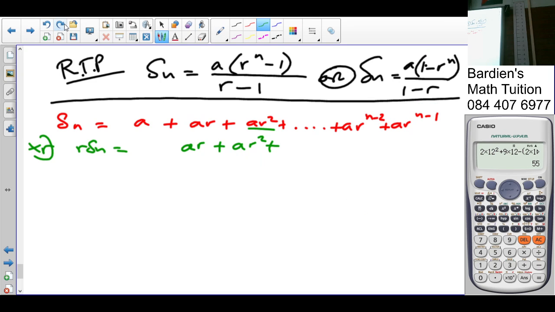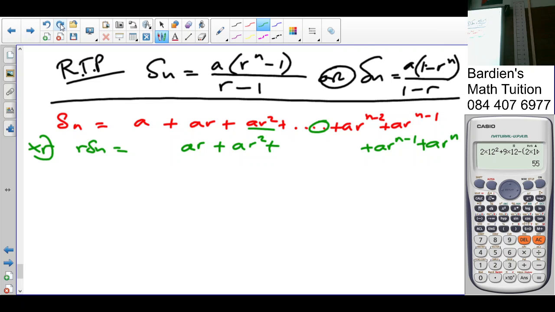So we said we're going to get ar^n. If I multiply the term before that by r, what am I going to get? ar^(n minus 1). You all okay with that? What if I multiply the term prior to that by r? ar^(n minus 2) and so on.